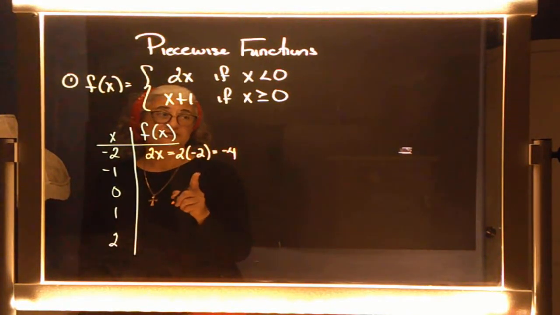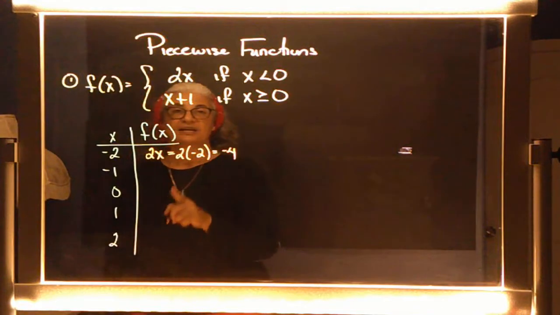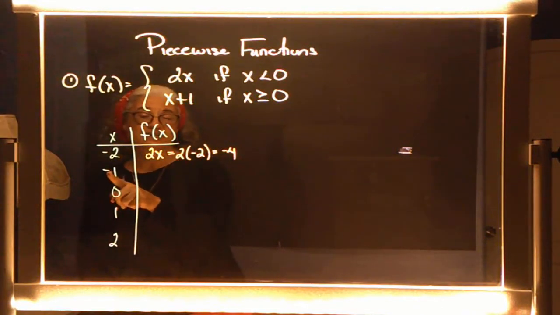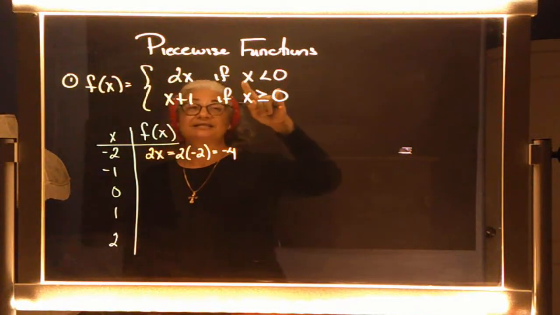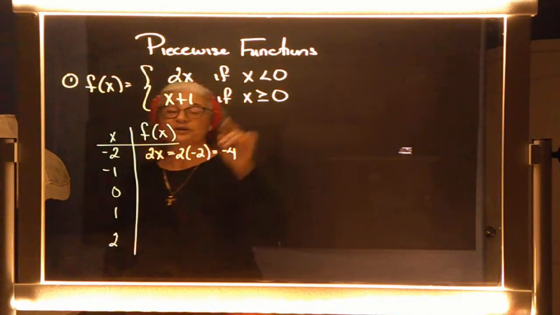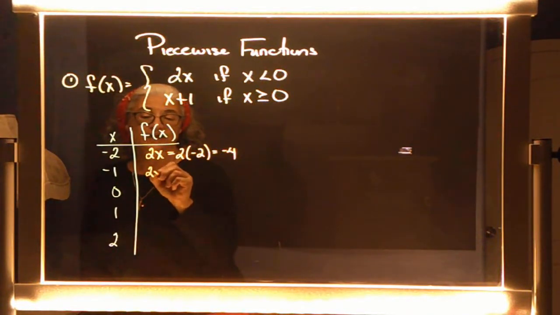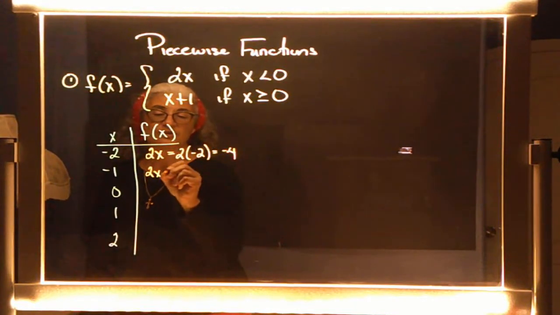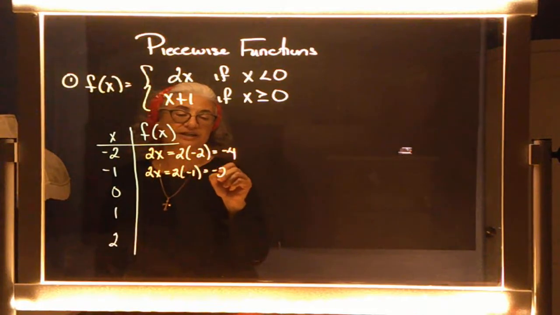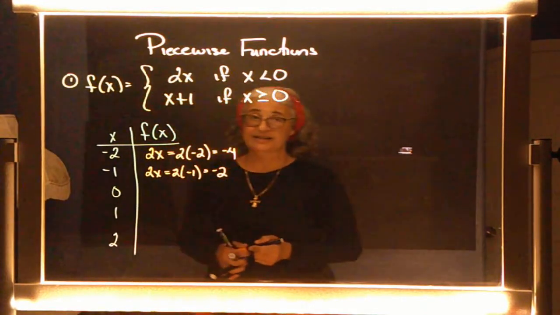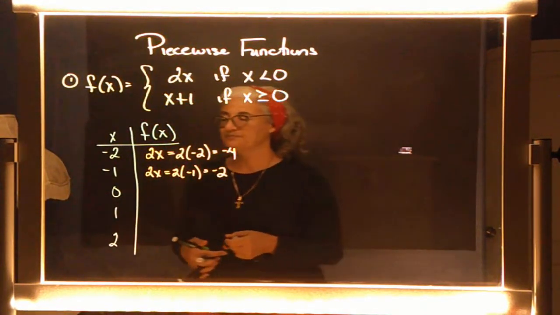Got it? Okay. The second number is -1. Since -1 is less than 0, I need to use the 2x piece again, which means 2 times -1, which gives me -2. Does that make sense? Okay.